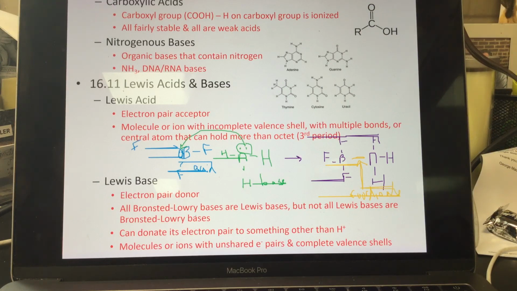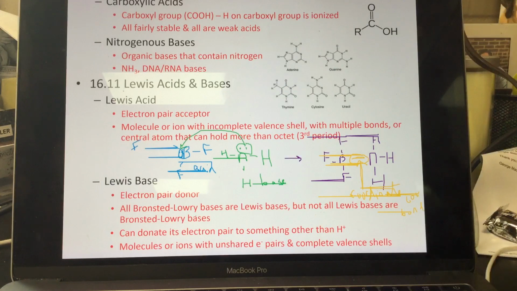And a coordinate covalent bond is where both electrons come from the same element. Where normally in most covalent bonds, one electron comes from one element and one electron comes from the other that they share in the bond. But in this case, both of these electrons here came from the nitrogen.